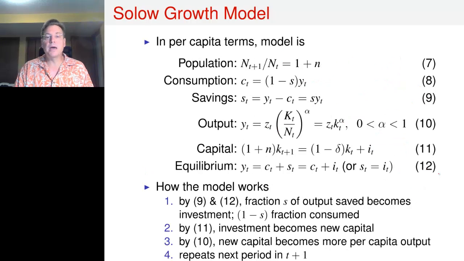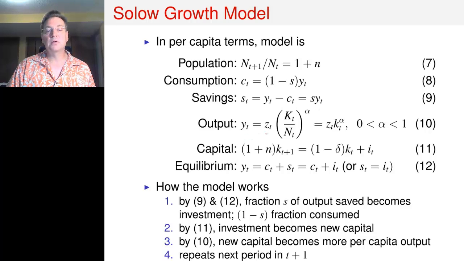Okay, so in per capita terms, here's the model. We have that the growth rate of population is just 1 plus n. Per capita consumption is 1 minus s times per capita GDP. Per capita savings is per capita GDP minus per capita consumption, or s times per capita income.